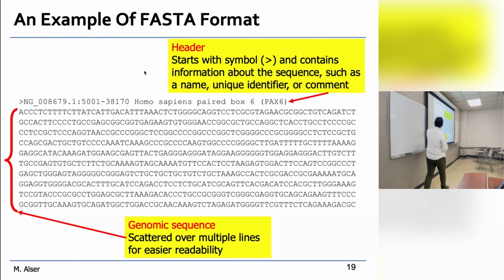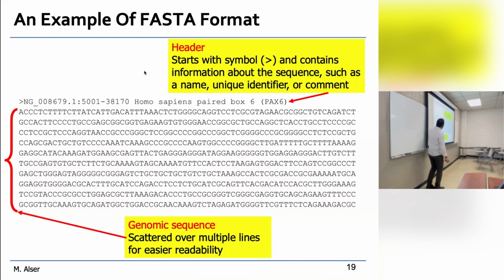We should first look for those header lines with a greater than sign, and look for chromosome 2 in those lines. Once we find it, then we count within those lines, not within that line. If I ask you to count something in the genomic sequence, you should ignore the header. The header is not genomic sequence. It's just information, just description. This is the genomic sequence.